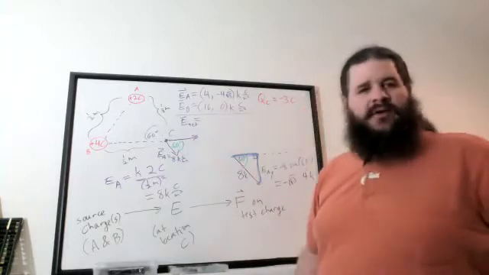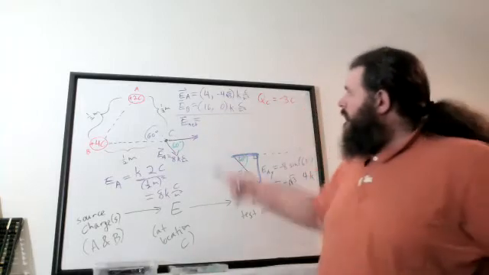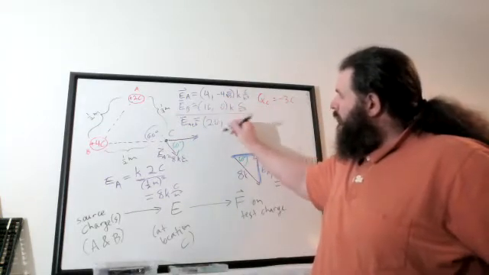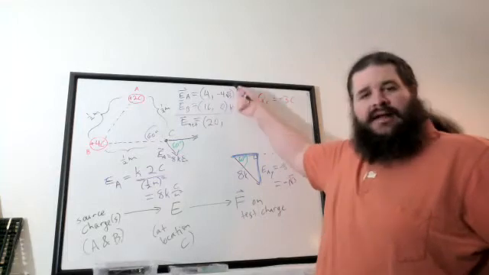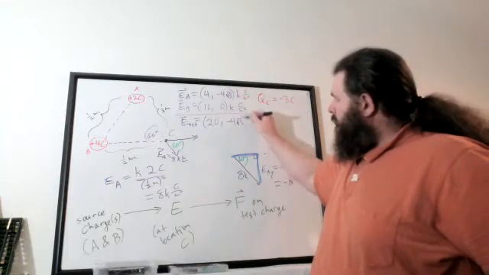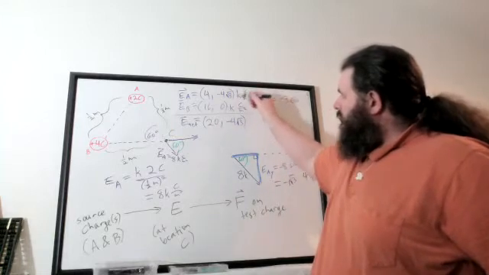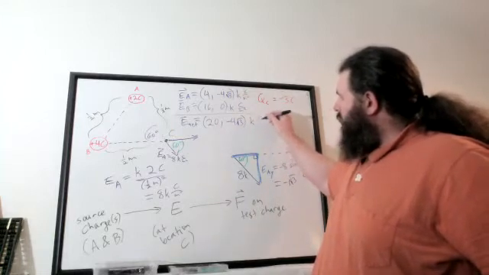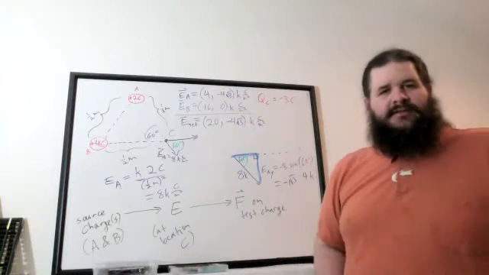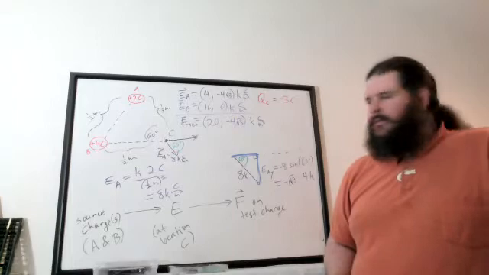And by splitting it into components, we can just add one component at a time. X component plus X component, that's 4 plus 16 or 20. Y component plus Y component, negative 4 root 3 plus 0 is negative 4 root 3. And we still have a times K on the outside and units of coulombs per meter squared. So there's our net electric field in XY component form.